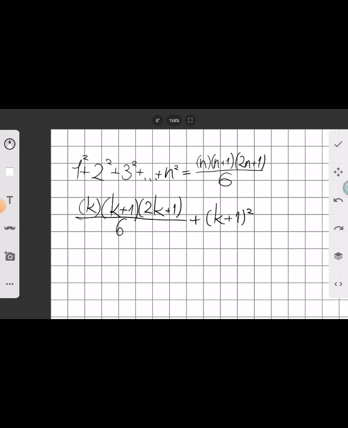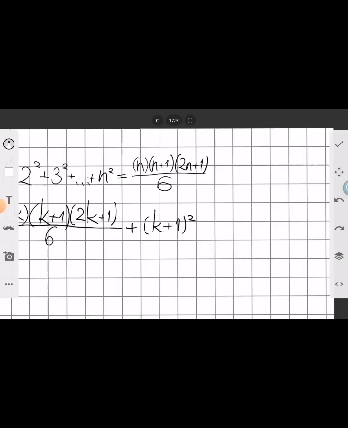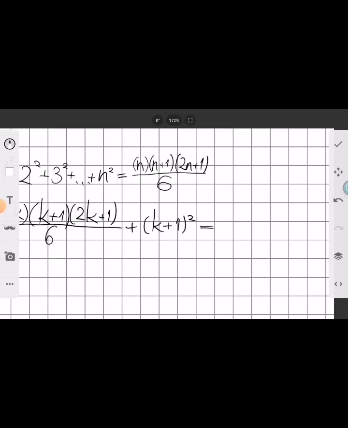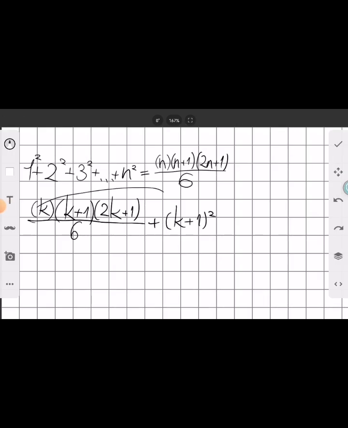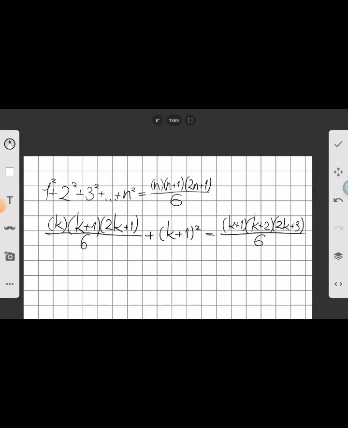I can speak, but not really properly because I sometimes just forget how to say some of the words. I could rework it by algebra and just show that it equals the next phase, k plus 1 times k plus 2 times 2k plus 3, divided by 6, as it was going to be from the very beginning.